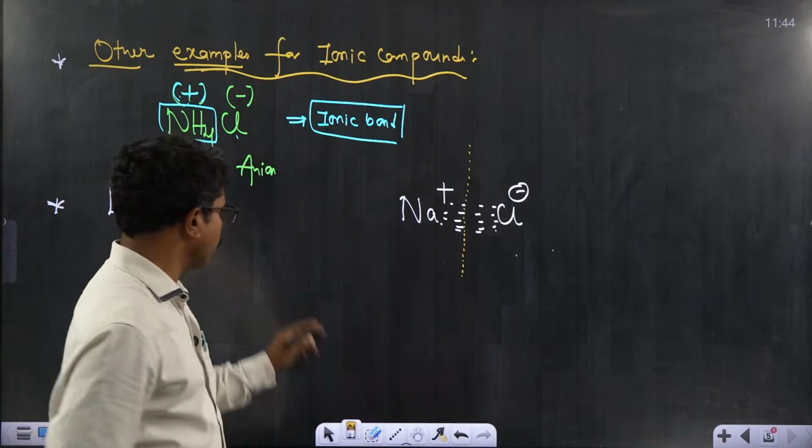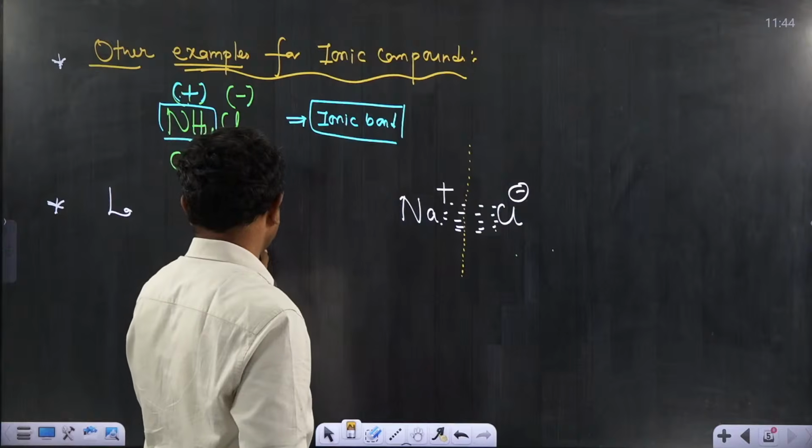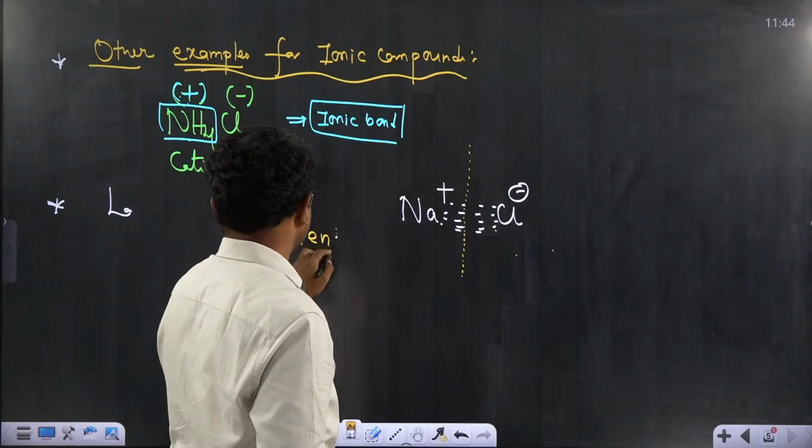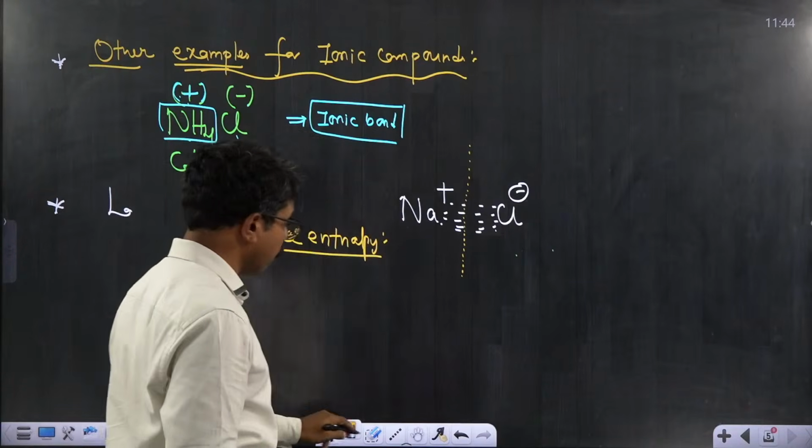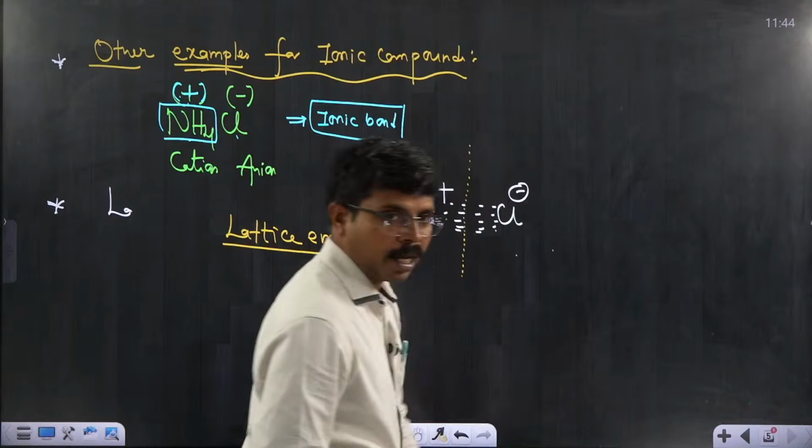Right. Lattice enthalpy. Just a brief idea about lattice enthalpy I am giving.